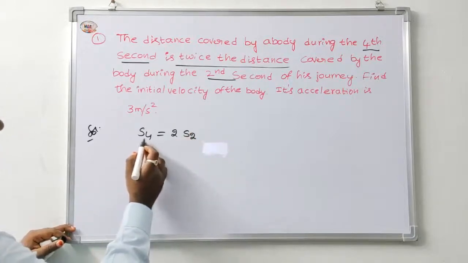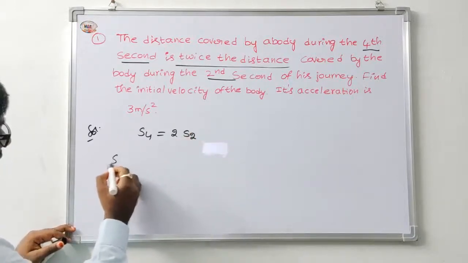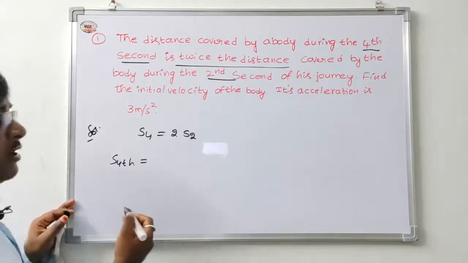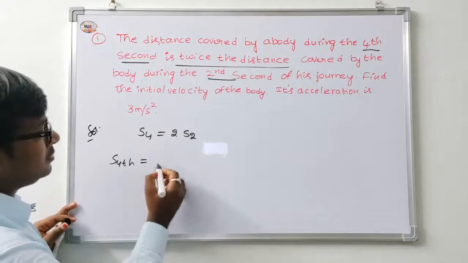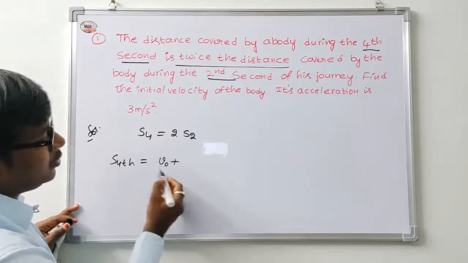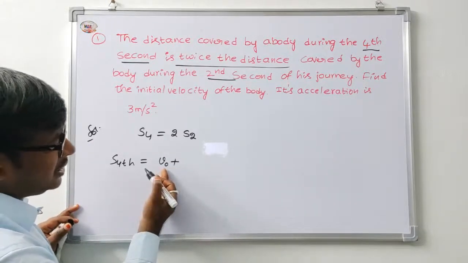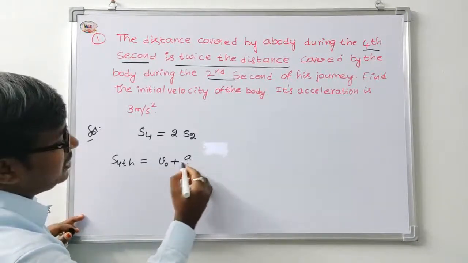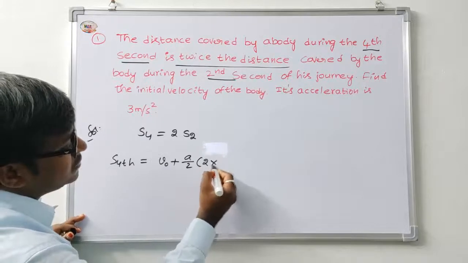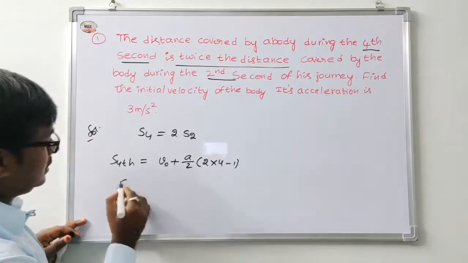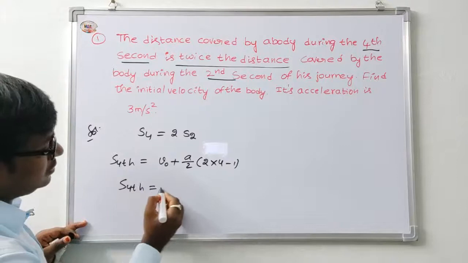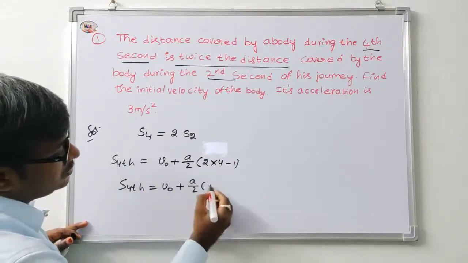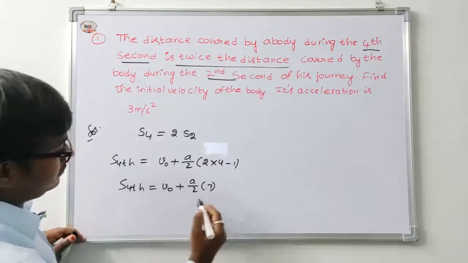First, for the fourth second, using the distance traveled in the nth second formula, Sn is equal to u plus a by 2 into 2n minus 1, where v naught is the initial velocity. So S fourth is equal to v naught plus a by 2 into 7.